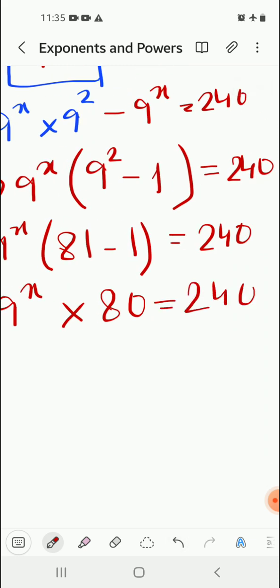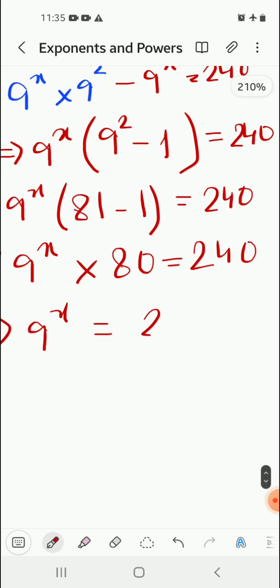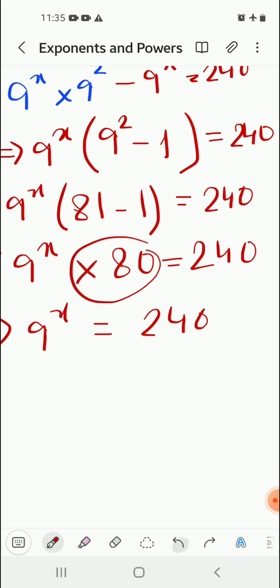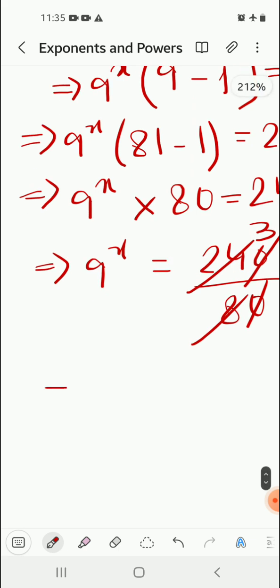It is equal to 240. In the next step, 9 to the power x is equal to 240, and now 80 goes to this side because it's a constant. It was multiplied, so it will become divided. Now we cancel it out. 8 into 3 is 24, so we've got 3. So we can write that 9 to the power x is equal to 3.